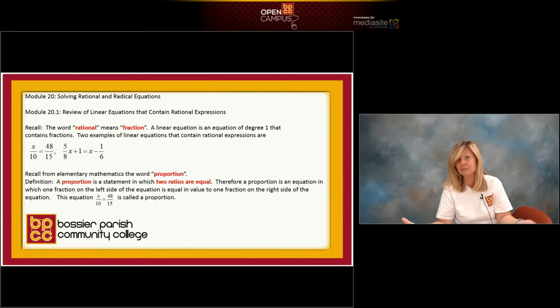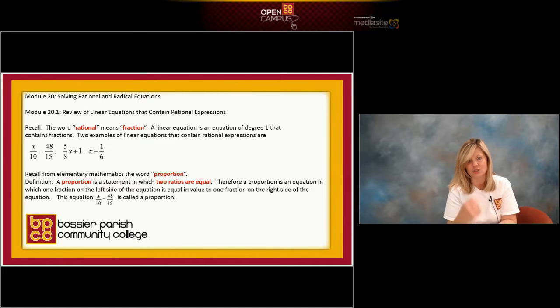Everybody's okay with that? So if you look at your PowerPoint, I have some examples of rational equations. The first one, x over 10 equals 48 over 15. It's an equation, it has an equal sign. It's linear because it's x to the first power, but it's rational because it has fractions.